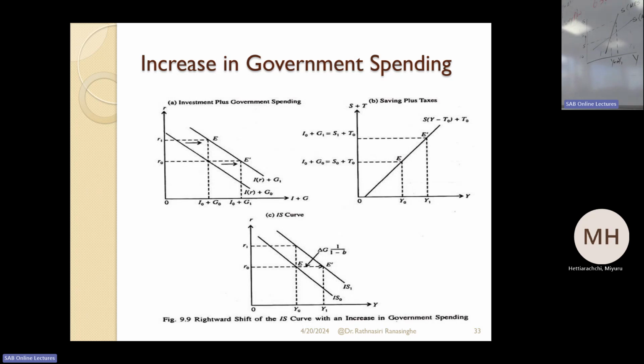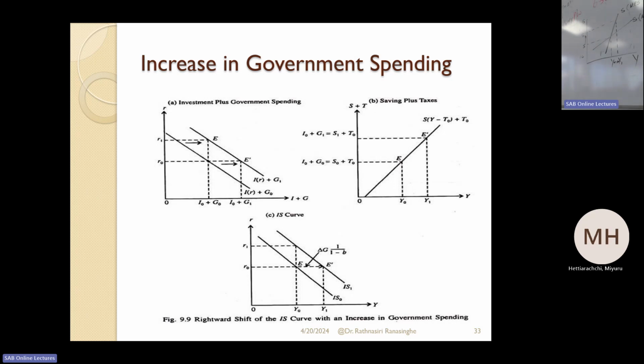At the prevailing interest rate, injections increase up to I0 plus G1, higher injections, so higher withdrawals are needed.